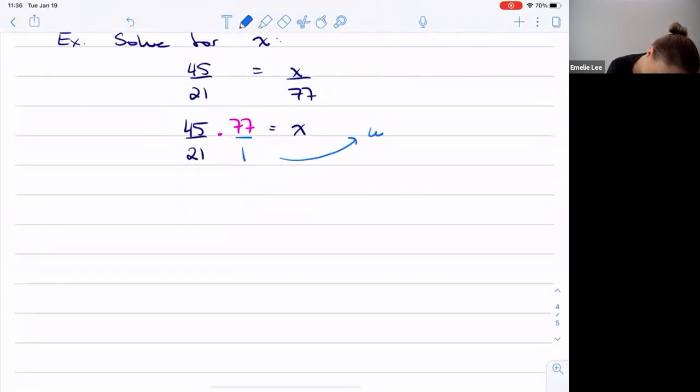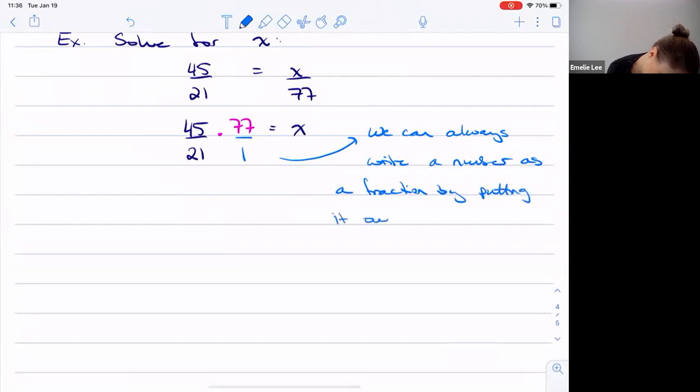We can always write a number as a fraction by putting it over 1. That's another thing we use quite a bit. Now it's obvious to me that I'm multiplying fractions: 45 times 77 over 21 times 1.